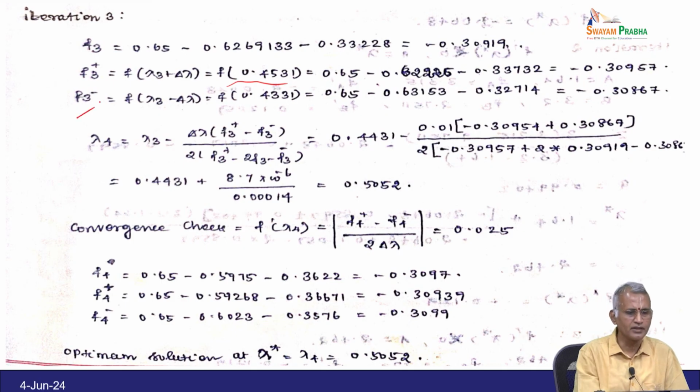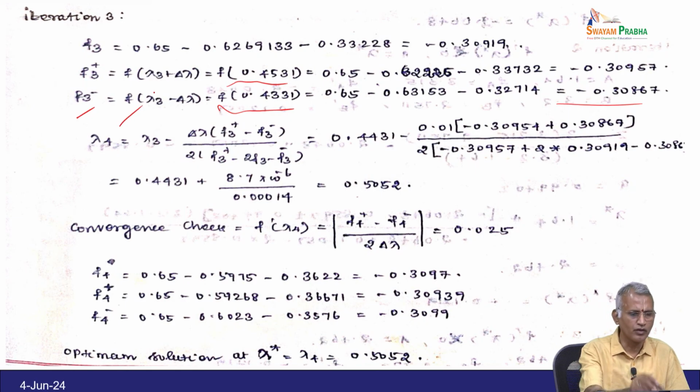Now, F3 minus is f of lambda 3 minus delta lambda equal to f of 0.4331 and which is equal to minus 0.30867.